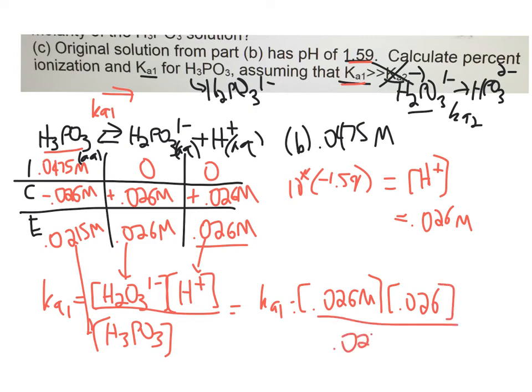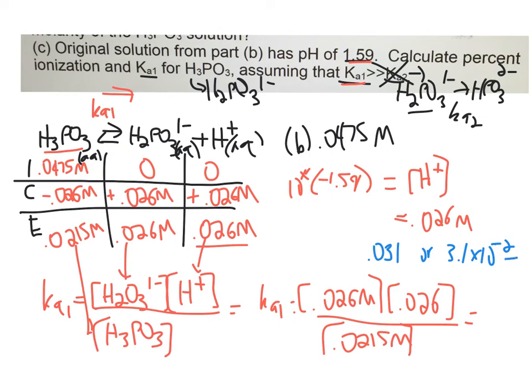And when you solve for this, you get a Ka, which, if done correctly, should be 0.031 or 3.1 times 10 to the negative 2, which means that Ka is, I mean, it's weak, but it's actually pretty high, considering all the weak acids we talked about.